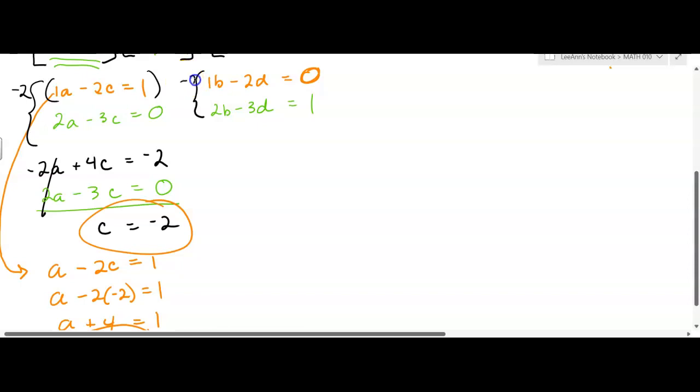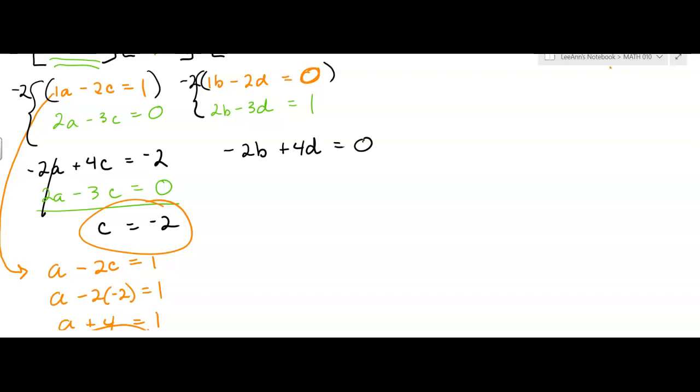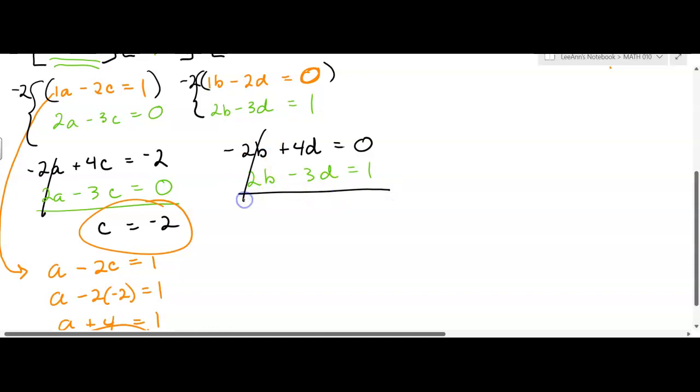So I'm going to multiply by negative 2 and get negative 2B plus 4D equals 0. Then the green equation, I'm just going to copy down: 2B minus 3D equals 1. Now I'm going to add those together. The B's cancel, and I get D equals 1.